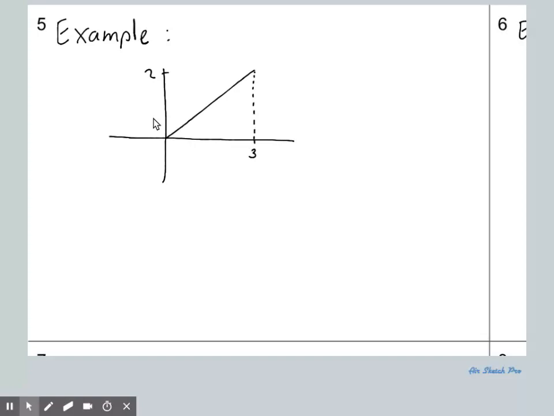C is the y-intercept. Remember, that is the value of y when x equals 0. So look at the sketch, look at where x equals 0. What's the y coordinate at that point? That'll give you the value of c.